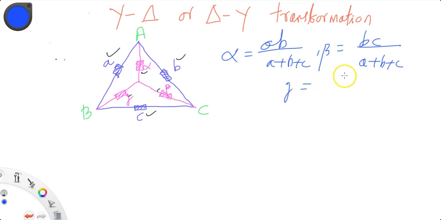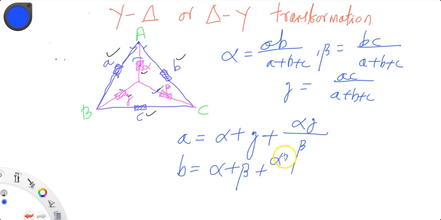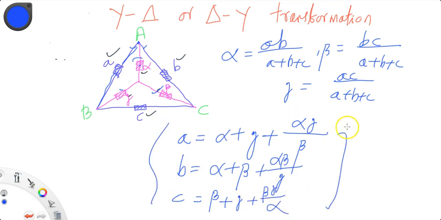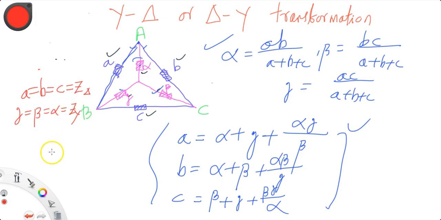And gamma will be AC upon A plus B plus C. Now, if all the elements are equal, A equal to B equal to C, let's say Z delta, and alpha equal to beta equal to gamma equal to ZY, you'll easily find using these relations that Z delta, the impedance of delta, is 3 times the impedance of Y.